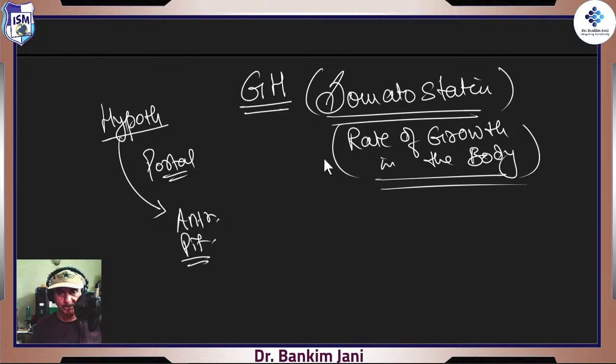Now you know what a portal is, those blood vessels which are getting connected. So it will release GHRH, growth hormone releasing hormone. So in response to that GHRH, the anterior pituitary will release growth hormone, correct? So this is actually the mechanism.